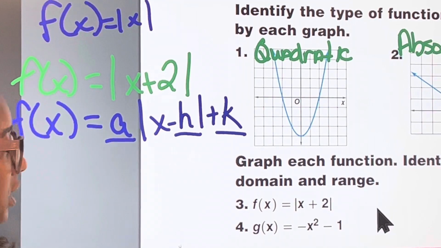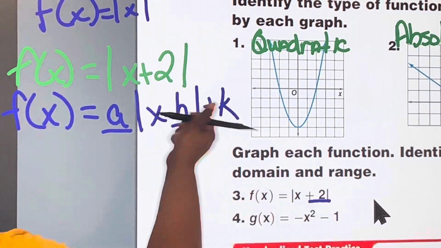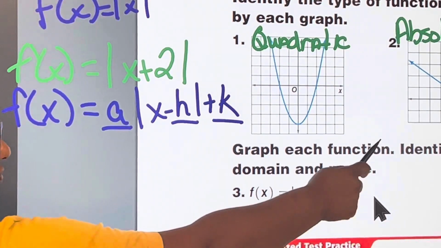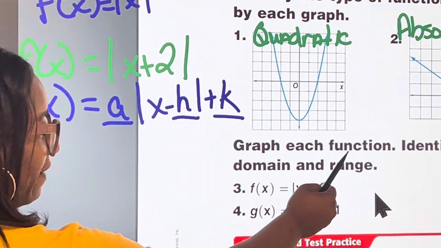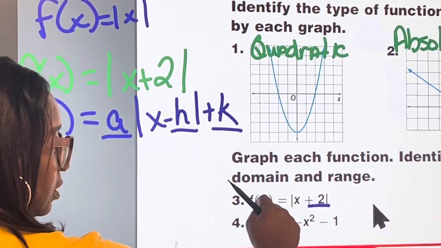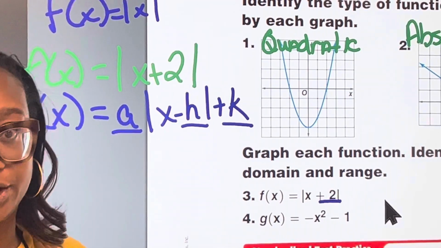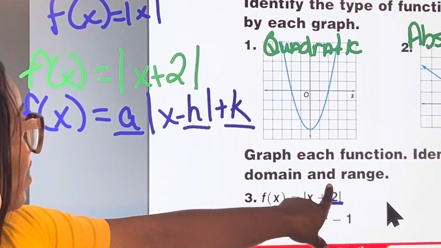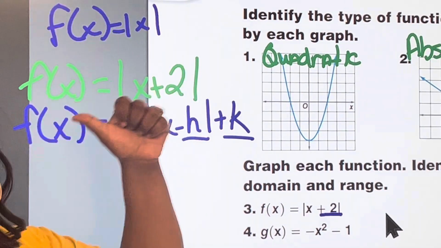So if this is a plus 2, it actually shifts the graph to the left. Most of the time we think positive 2 is going to move it to the right, but this one actually shifts the graph to the left. We know the graph is going to move left or right, so now we have to choose which direction or verify in our calculators. This graph shifts the parent function to the left 2 units.